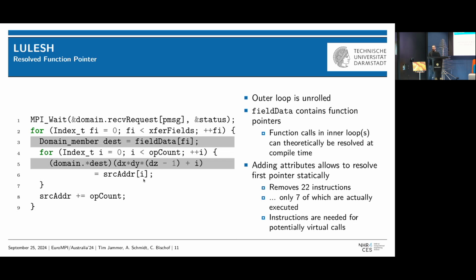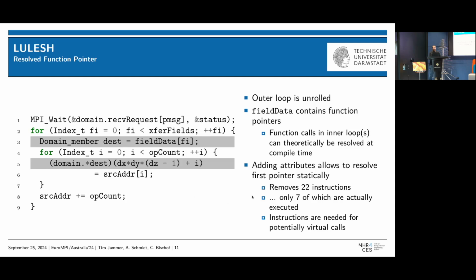It is defined in a different translation unit, the member function of the object here, and then it triggers the exact same problem. But for the first iteration, just by annotating that MPI wait behaves quite nicely, and doesn't mess around with your current stack pointer, the compiler is able to replace an indirect call with a direct one.